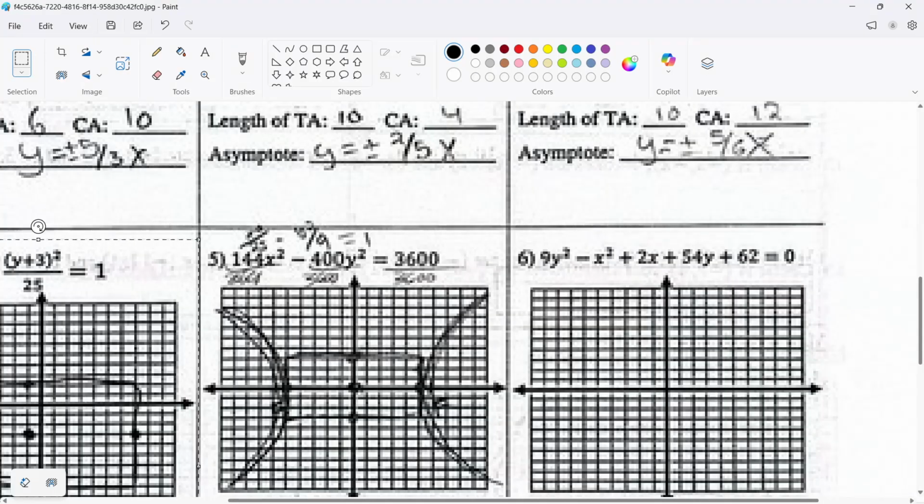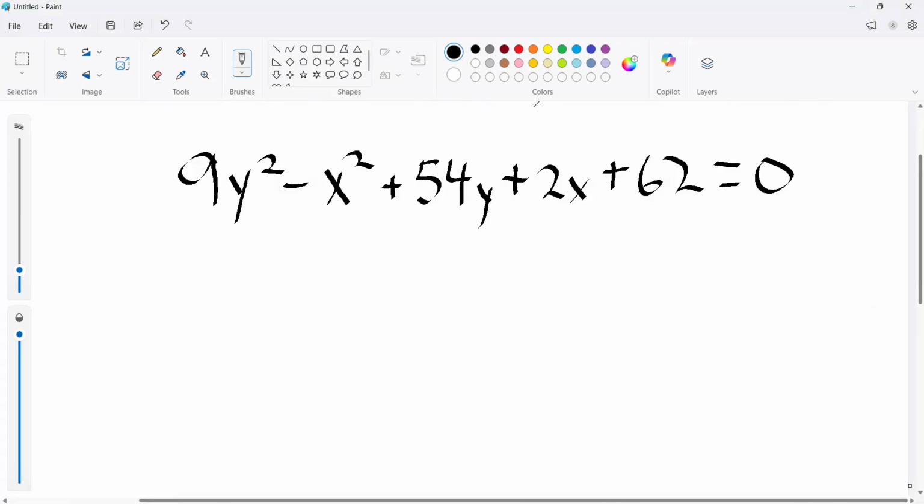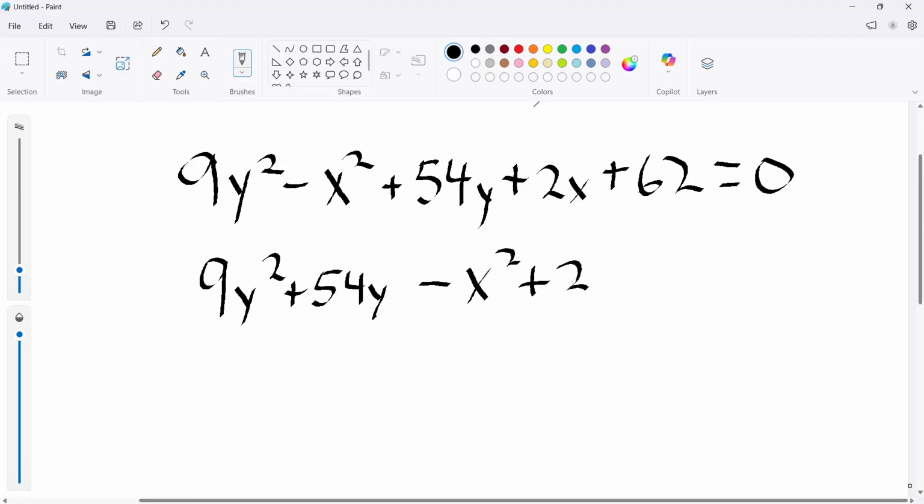Let me just double check on the x. Yes. So I'm going to get these things together. The y's I'm going to get together. 9y squared plus 54y I'm grouping, minus x squared plus 2x. And I'll put the 62 on the other side. So I have to subtract it. Minus 62. And I'm going to complete the square.